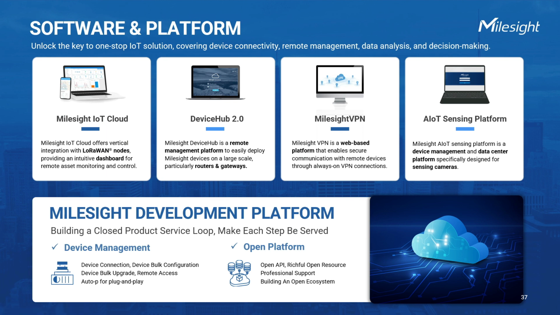For energy efficiency solutions, Milesight IoT Cloud is the most relevant software. It's a cloud-based application server hosted on AWS, managing and displaying the collected data from LoRaWAN end nodes. And it can only work with Milesight brand LoRaWAN products and UC cellular controllers. For other brands' devices, it is suggested to use the Milesight development platform.